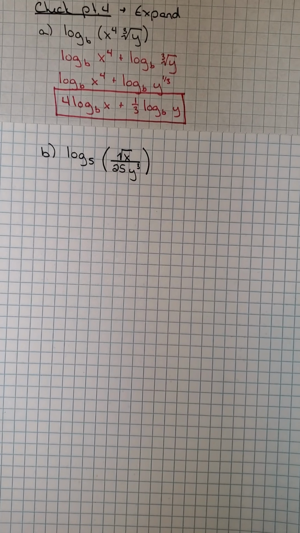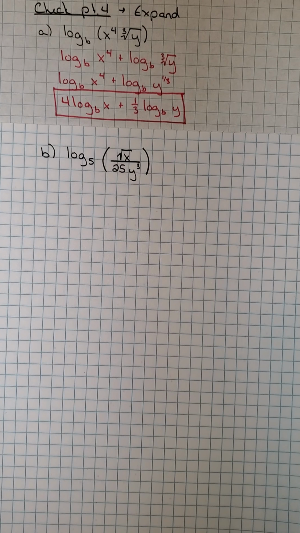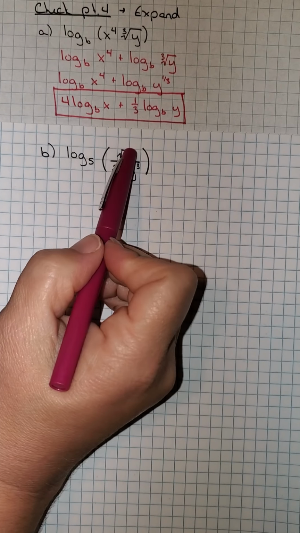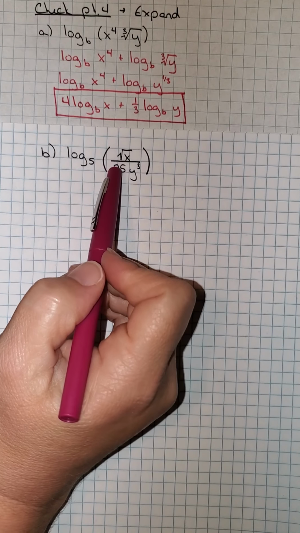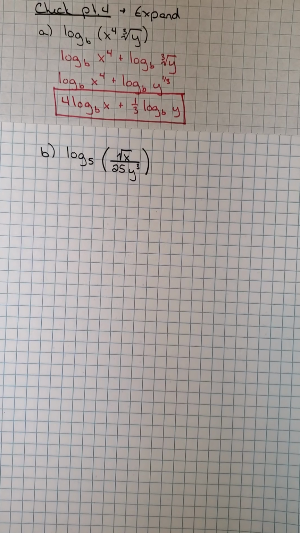Okay, so you actually have three things here inside the log. You have the square root of x, you have the 25, and you have y to the 3rd.